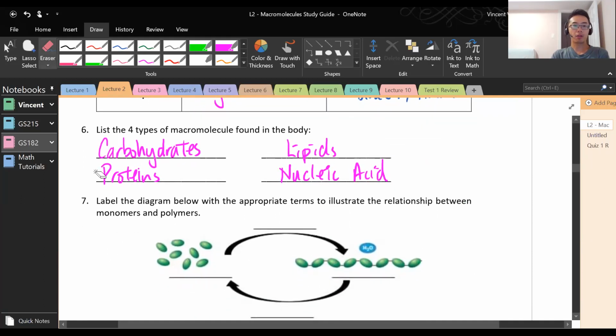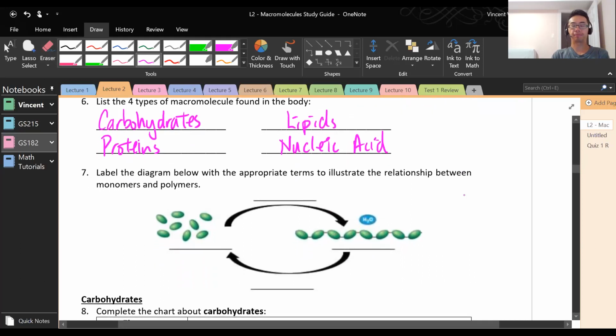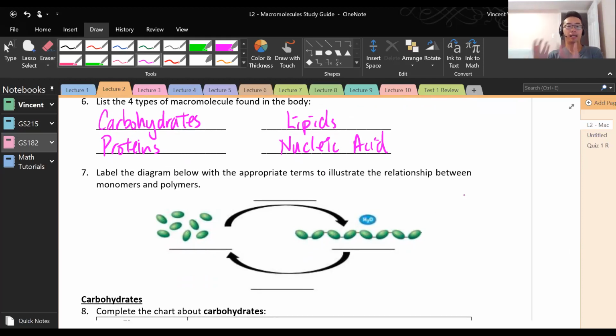Now, macromolecules have a common theme that they share, because they're really, really big. They are actually made up of multiple repeating units, with the exception of lipids. Lipids don't have repeating units. They have components that you put together.